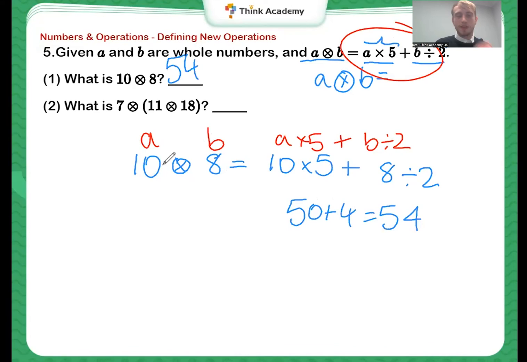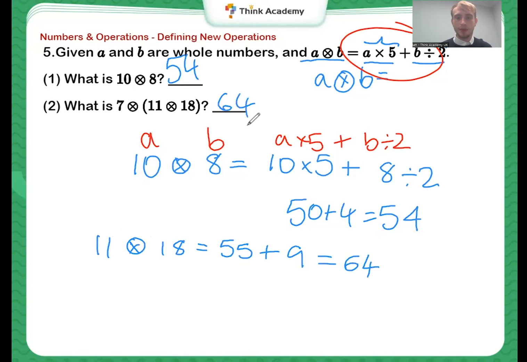Same principle for number 2, except we've got some brackets as well, so you just need to do those first. 11, weird operation, 18, means you need to times your first number by 5, you get 55. Then you need to add half of your next number, half of B, so that's add 9. That gives you 64 for that one. Okay, that's not our answer yet, that's just the brackets.